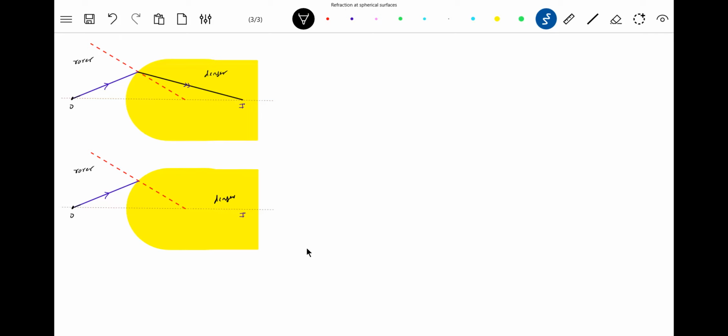The ray will undergo refraction and it will bend slightly. Now the ray will bend slightly. It will not bend more, it will bend slightly.